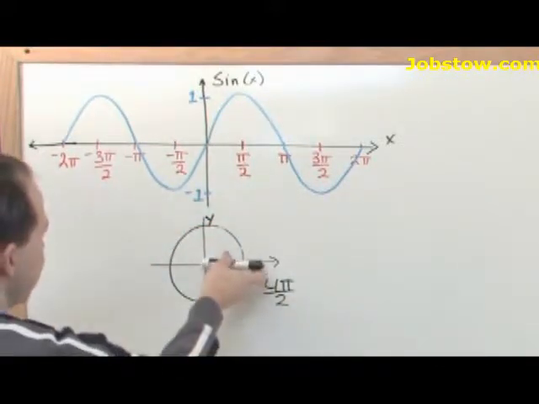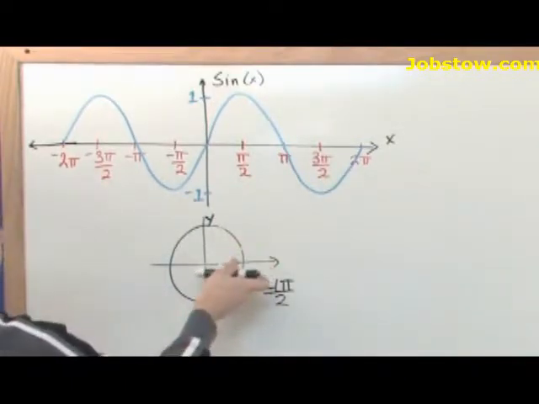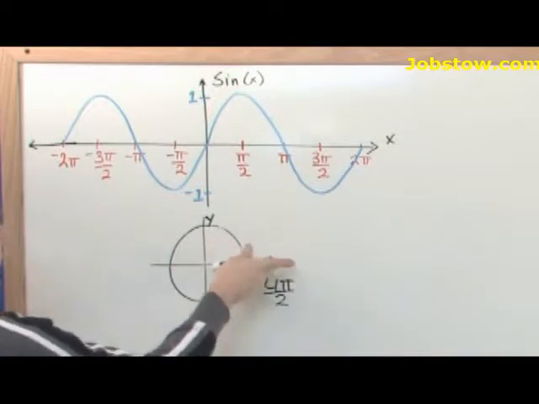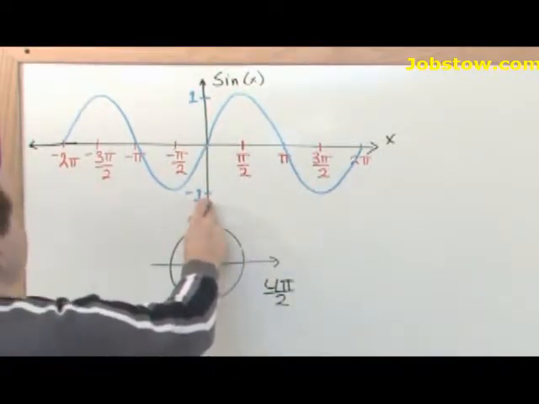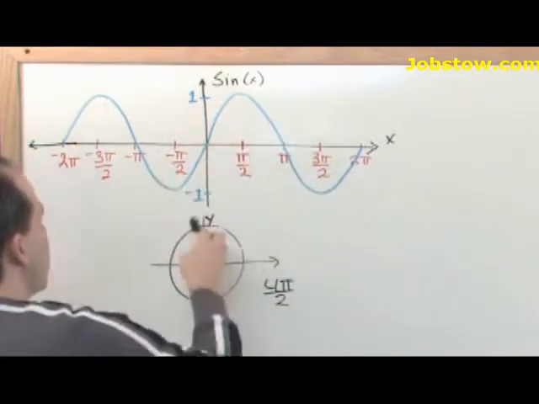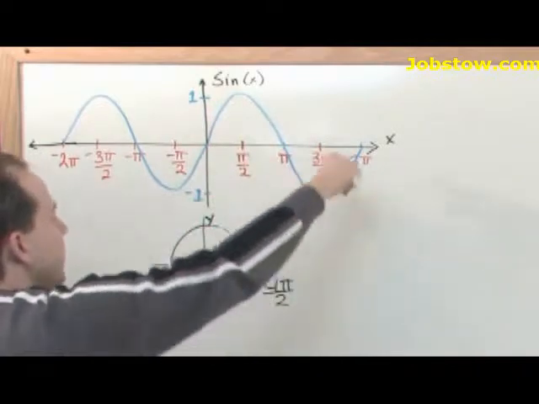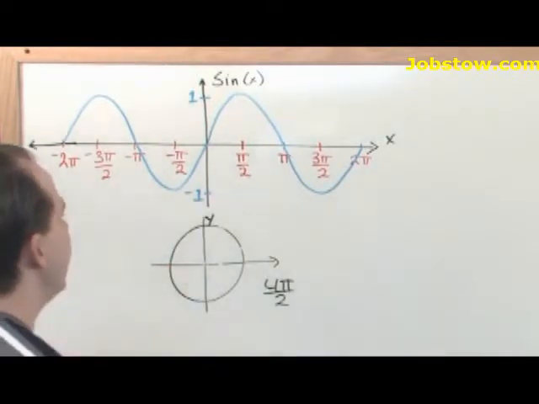At 0 radians the sine is 0 because there's no projection on the y-axis. At pi over 2 radians, the projection all lies along the y-axis, so it's equal to 1. As you turn around the circle, the projection along the y-axis changes.